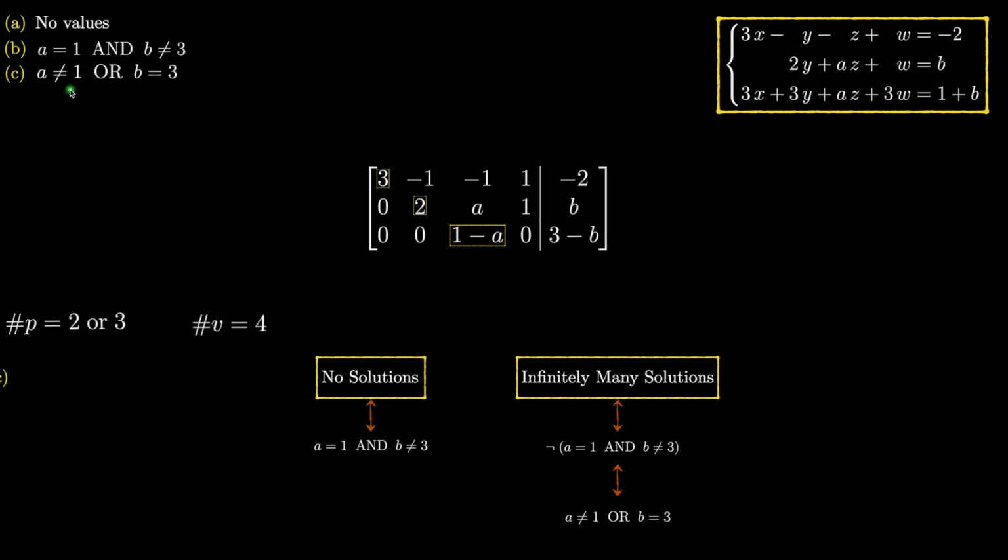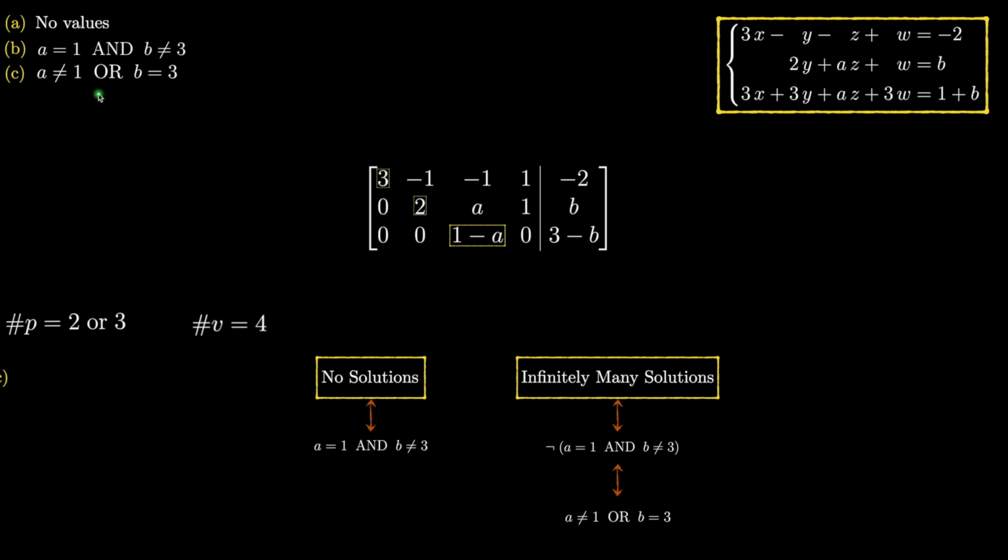When I checked the solution, the examiner has written this in a slightly different way. What does it mean? A is not equal to 1 or B is equal to 3, so you want to have at least one of these conditions.